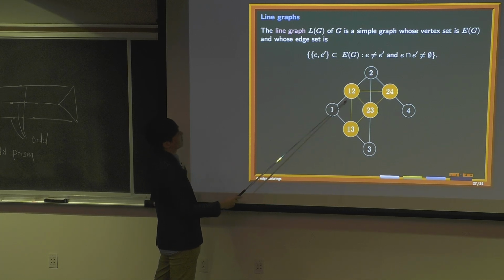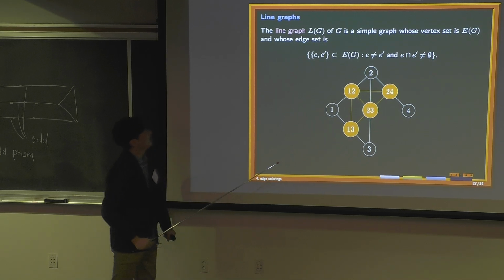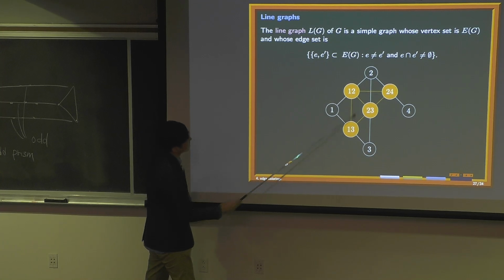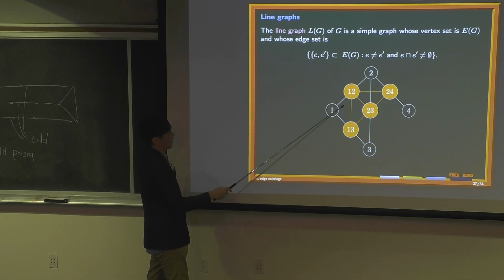For example, these orange circles are vertices in LG, and these two vertices are adjacent because this edge and this edge have a common vertex.